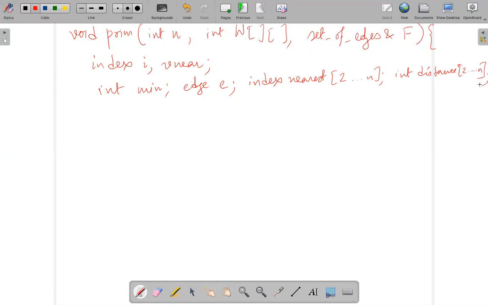All the initializations go here. Now we start with an empty set of edges.